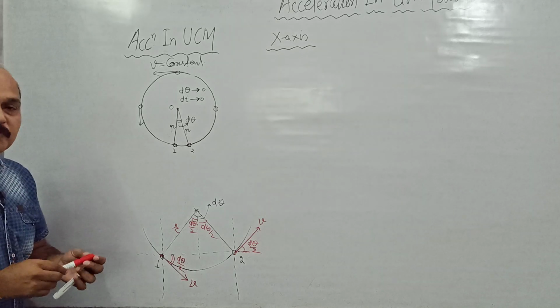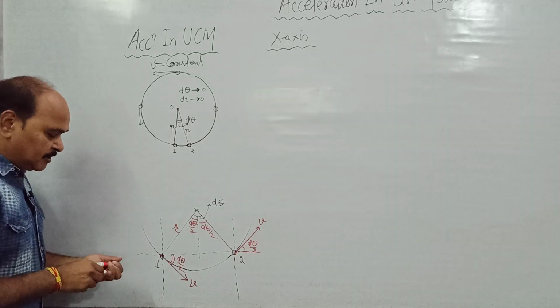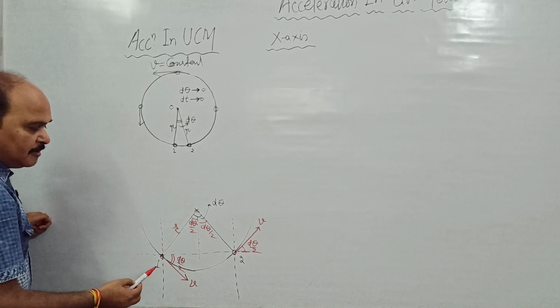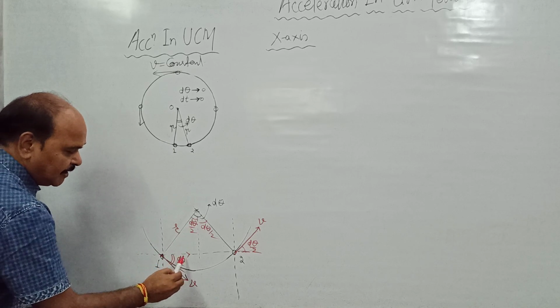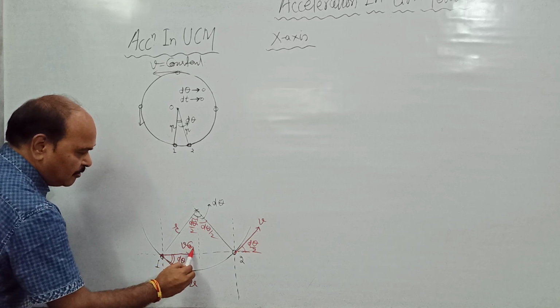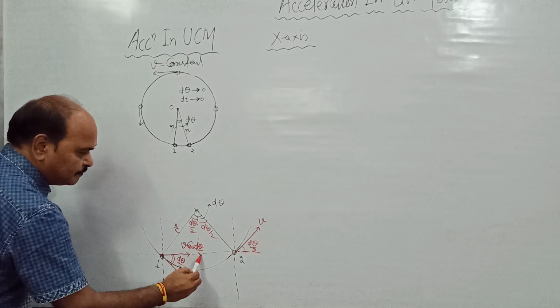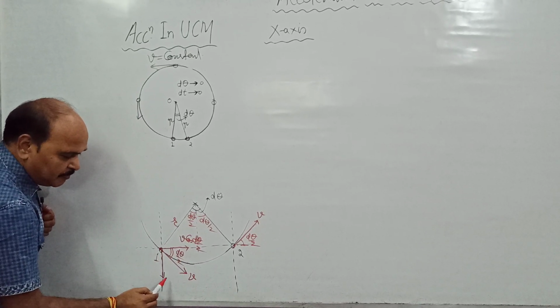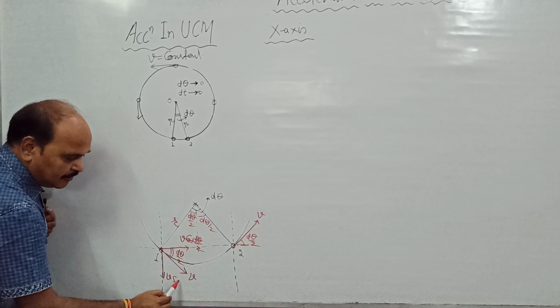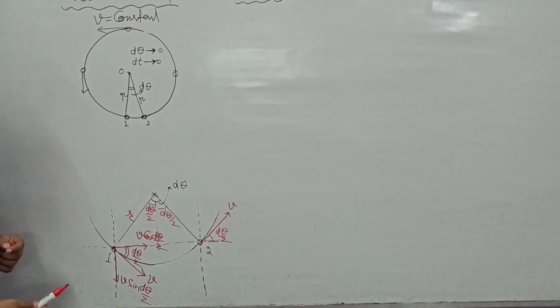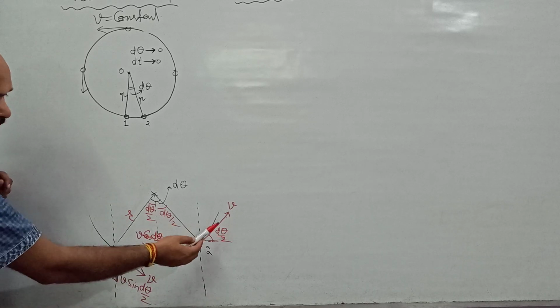Let us resolve these velocities. Well, this velocity v will have two components. One would be along x-axis, and that would be v cos of d theta by 2. And the other component would be along y-axis, and that would be v sin of d theta by 2. Let us resolve velocity at 2.